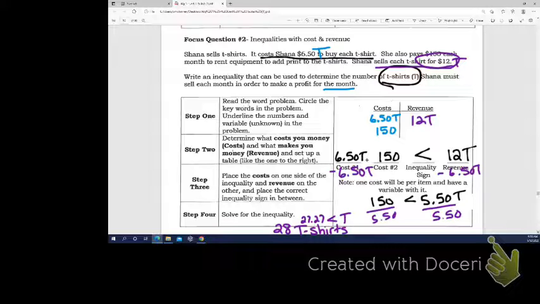Obviously, it's a very simplified application of a small business, but it does show, even in a simple application, why for a small business it can be really tough to make it, because it seems like, oh yeah, I can buy these for this and sell them for this. I'm going to make all kinds of money.